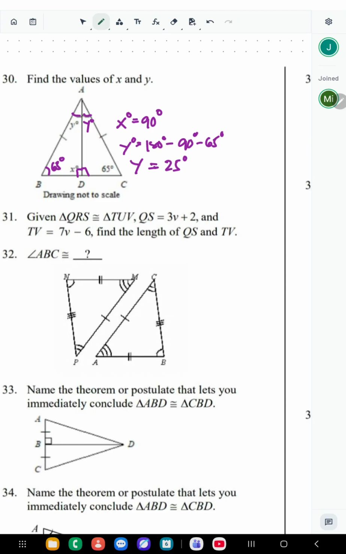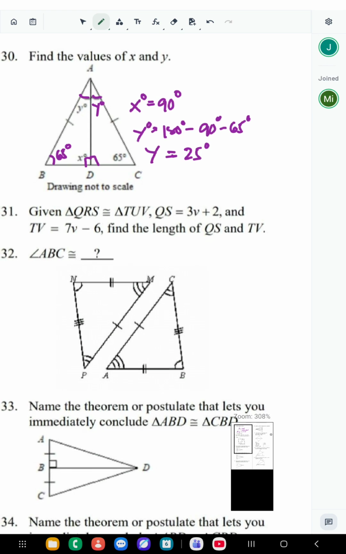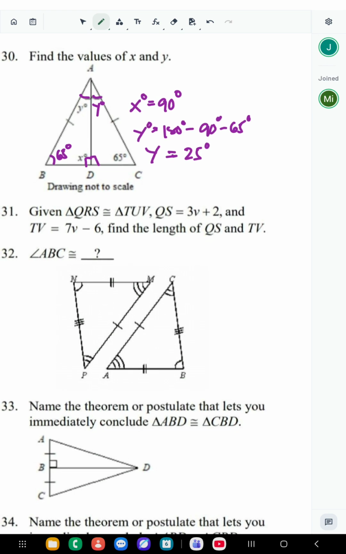Okay, then for 31, given triangle QRS is congruent to TUV. Let's just draw the triangles, because we don't have a triangle here, right? Yeah, you were trying to draw it.